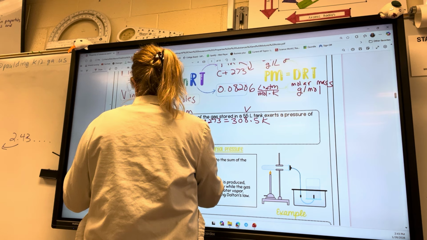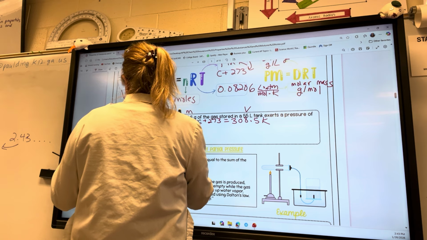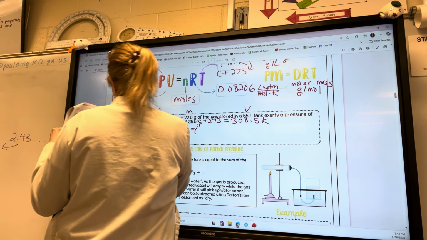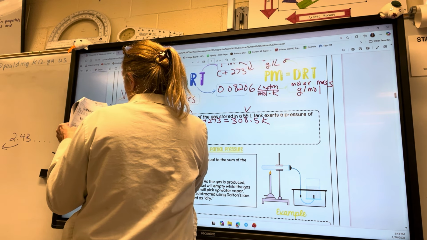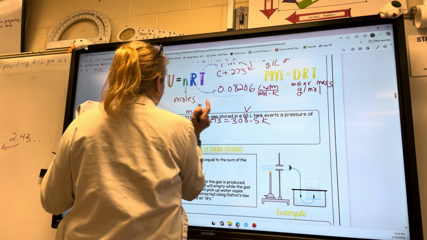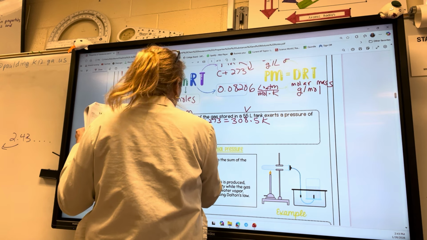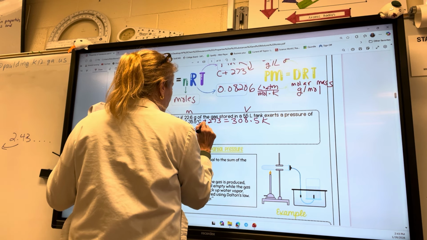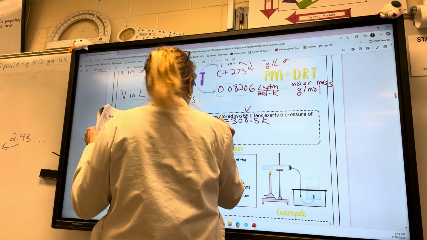So equals the molarity, the density, which is grams per liter. So that's 22.6 grams over 55 liters. So that's my density.